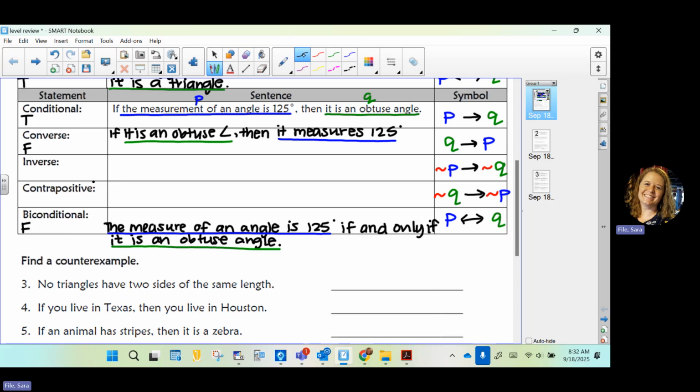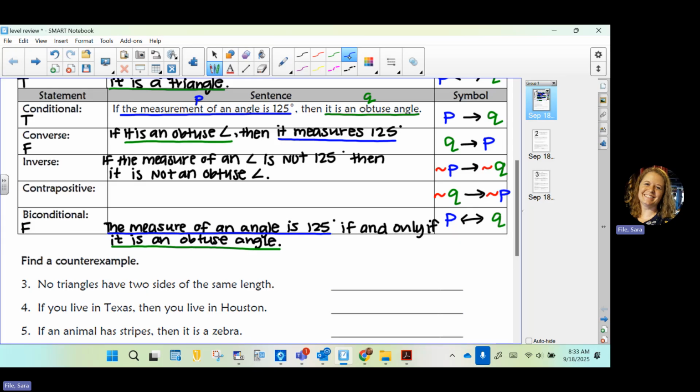All right, now I'm going to go back and fill in the inverse. That's doing the negation of both your P and Q. So I would say if the measure of an angle is not 125 degrees, then it is not an obtuse angle.